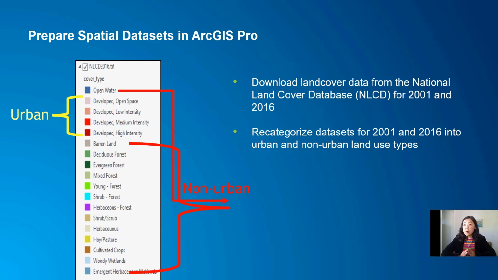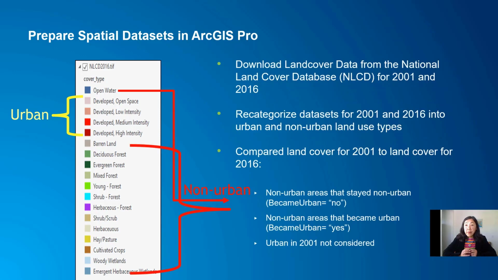In ArcGIS Pro, we reclassified the data into two categories. The two categories are urban and non-urban land use types. For example, the original classes such as developed open space, developed low density, medium density, and high density were all classified as urban, and the rest of the categories were classified as non-urban.